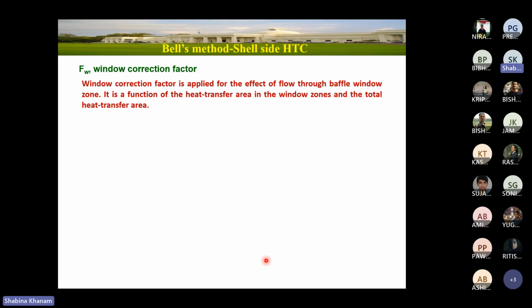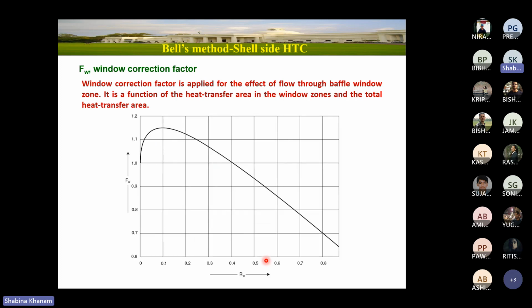It is a function of the heat transfer area in the window zone and the total heat transfer area. Actually, when we consider this window zone, this Fw depends on this Rw.